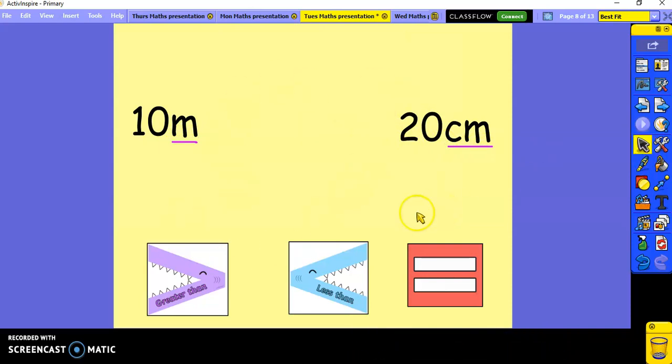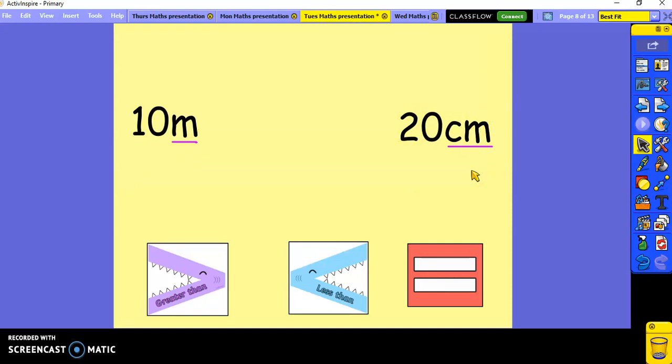Right, now I'm going to talk this one through. So I know that 20 is bigger than 10. However, I'm only thinking about centimetres here, and this is metres. So 10 metres, that's 10 lots of 100. So that would be 1,000 centimetres, or 20 centimetres.